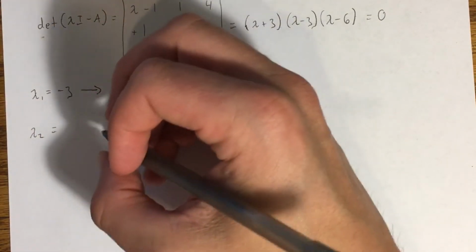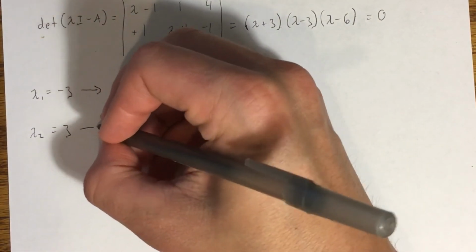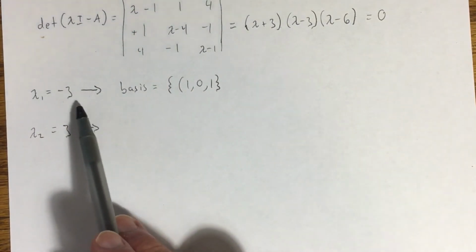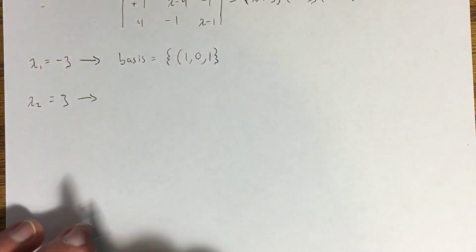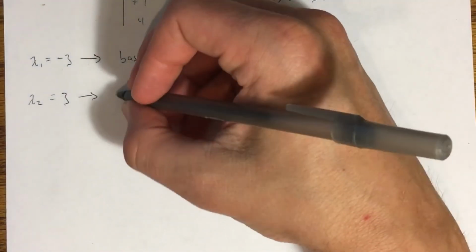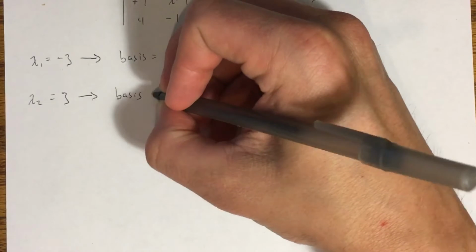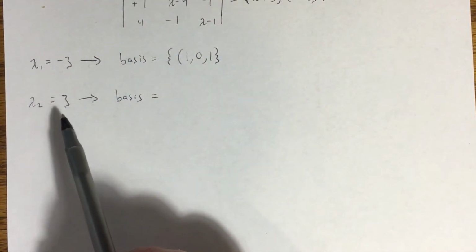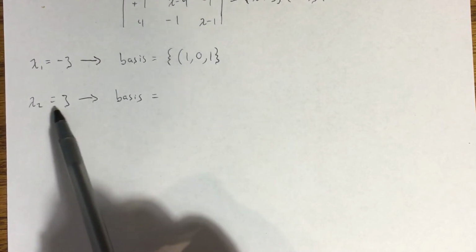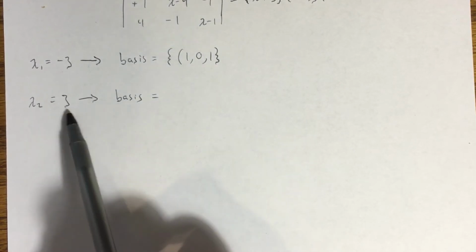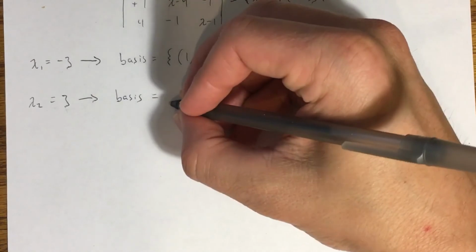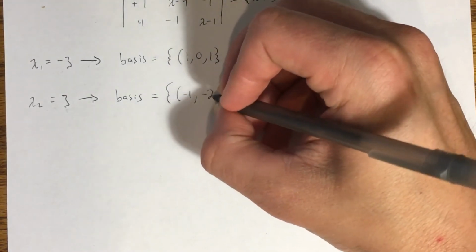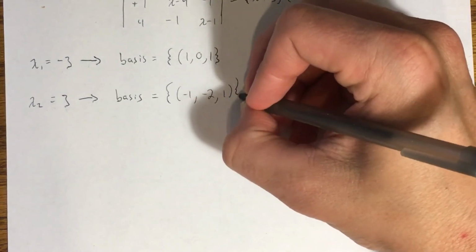Lambda 2 is going to be the eigenvalue 3. And remember, there's more work than what I'm showing, but it's all work you've done before. A basis that we would naturally get by looking for the null space, which is the eigenspace, corresponding to the eigenvalue 3, you would end up with this basis: negative 1, negative 2, 1.